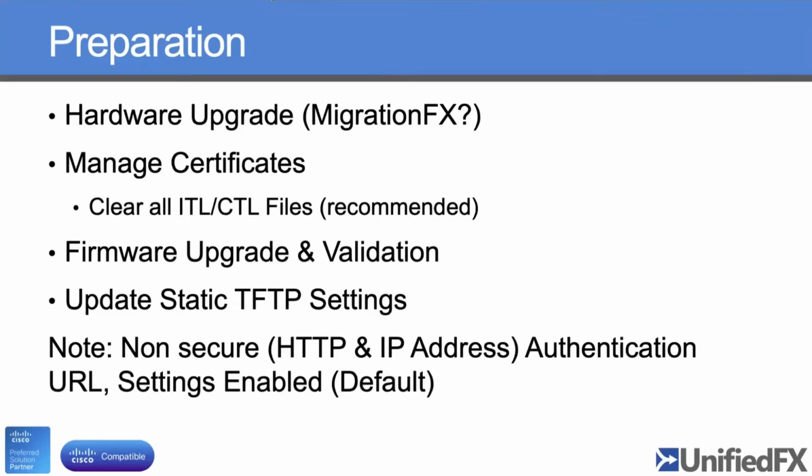Generally, as part of the preparation, and this is not mandatory, it just helps for those edge cases, if you do this preparation step, which is to set the authentication URL to a non-secure HTTP URL using the actual IP address of the communication manager, for example, that effectively bypasses all dependencies on anything to do with ITL files or TVS files.